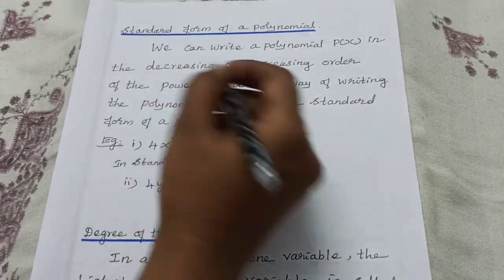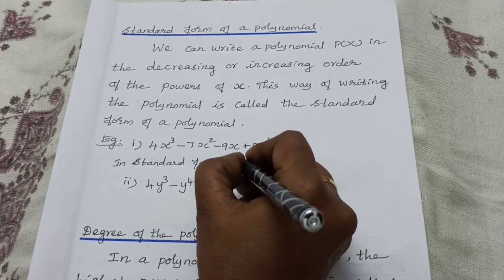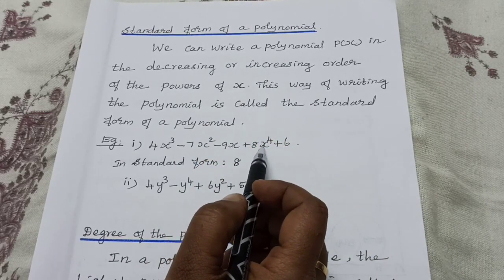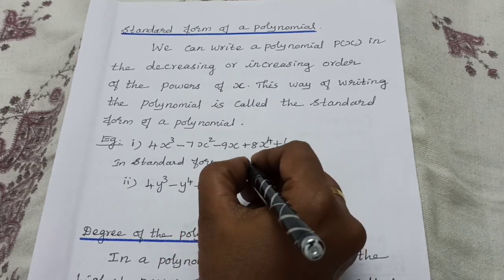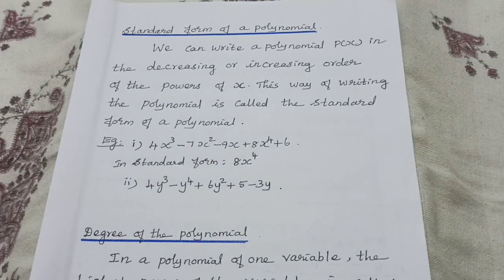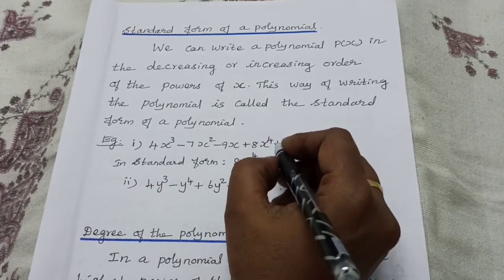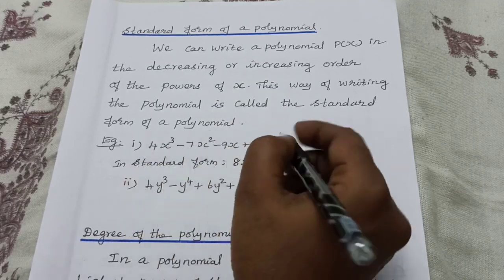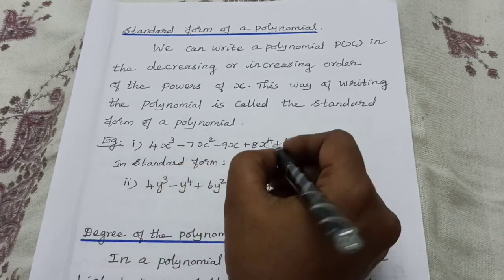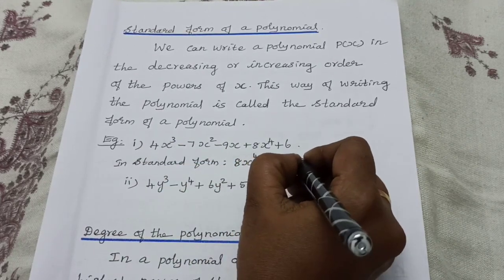Decreasing means the greater power first. Here 8x power 4 is the highest degree, isn't it? Then x power 4 we have to write first. Next, which one will come? x cube, isn't it? So the x cube term, plus 4x cube.